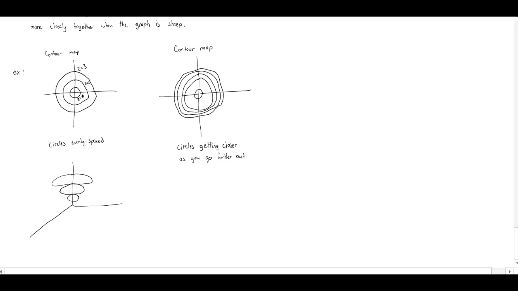So the key is, if you're thinking about what I said earlier, when level curves are more closely bunched to each other, that indicates that your graph or your surface is more steep. So it's changing more rapidly. All right. So with that idea in mind, which of these two is more likely to be the cone, and which one's more likely to be the paraboloid? What do you think?